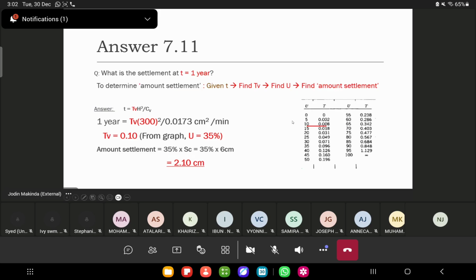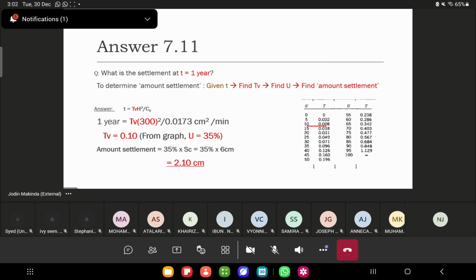Now next, what is settlement in 1 year? Meaning that you want to find SC, but you are given time. In 1 year, T is equivalent to 1. So what you can do?